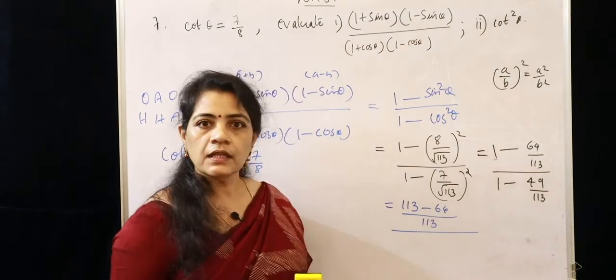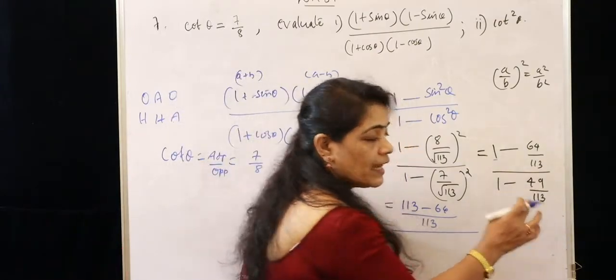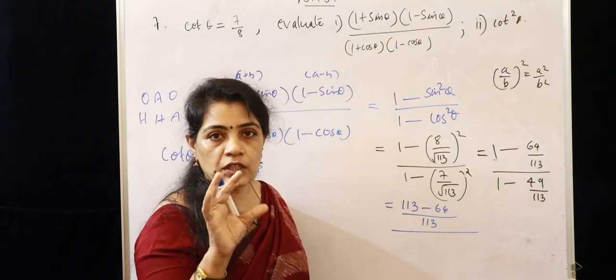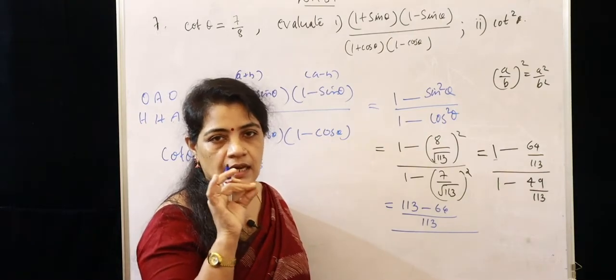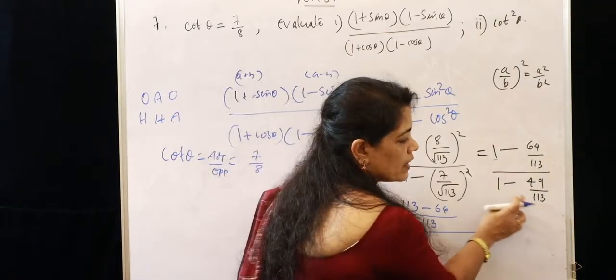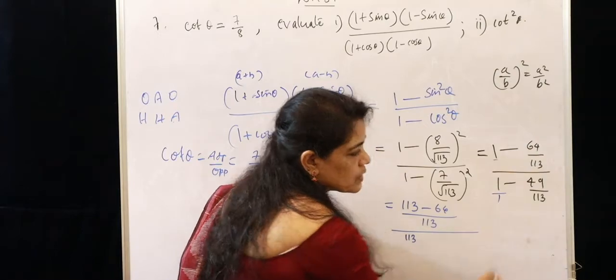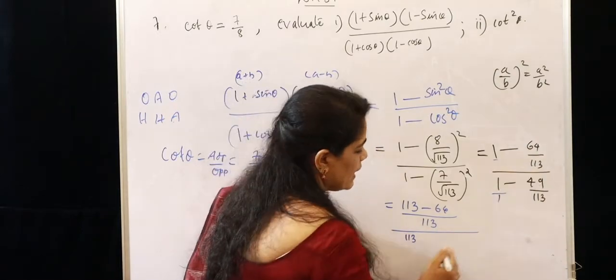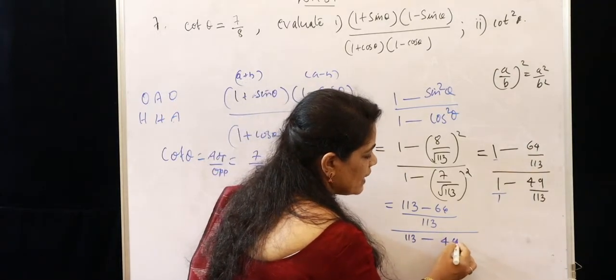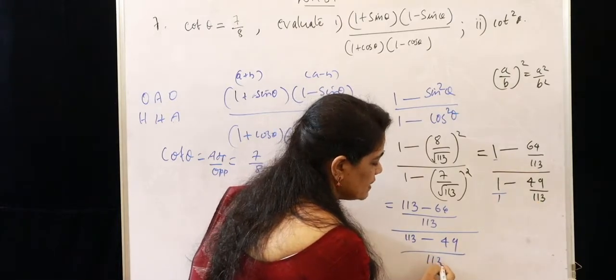The same rule we are applying for the other term: since 1 and 49 by 113 are connected by a minus sign, you have to cross multiply. Suppose here is 1, so 1 into 113, 113, minus 1 into 49, 49, divided by 1 into 113, 113.